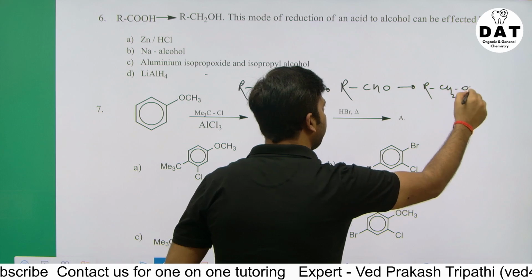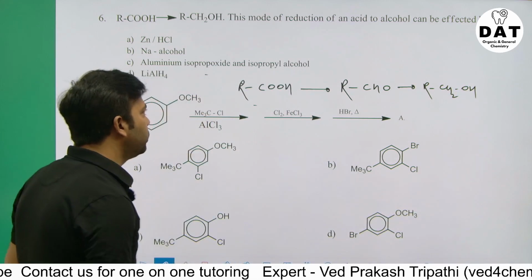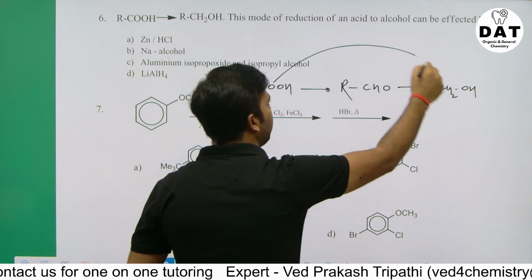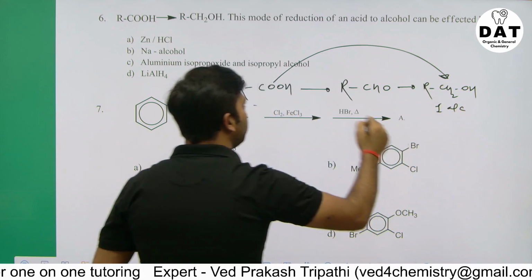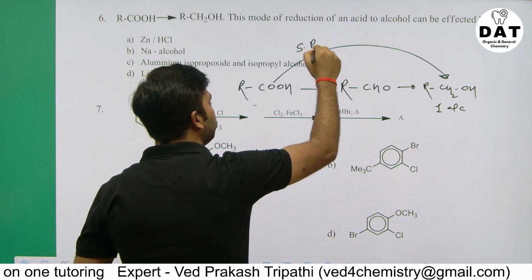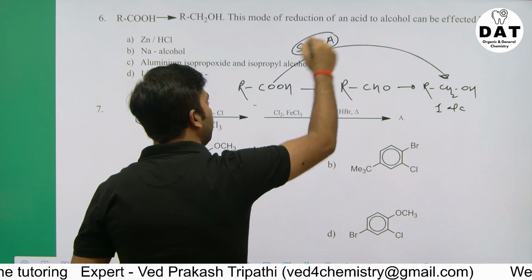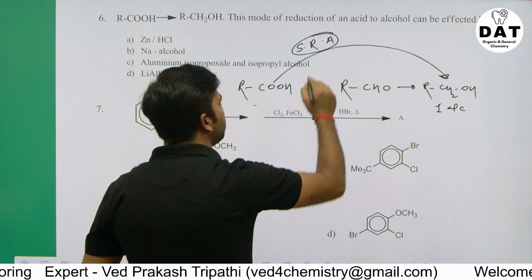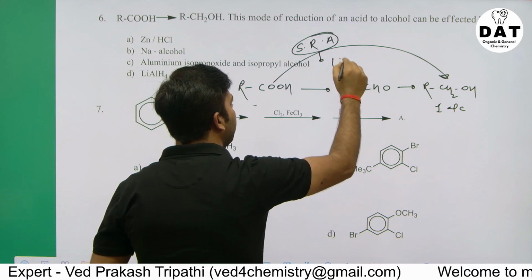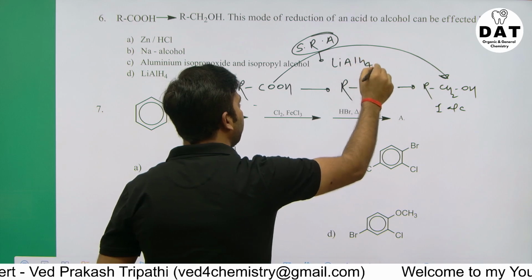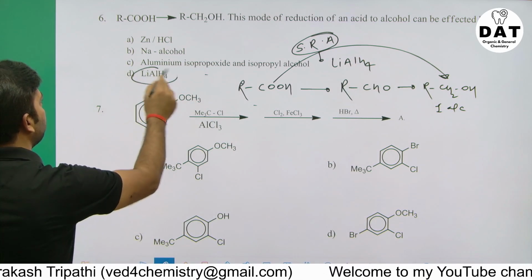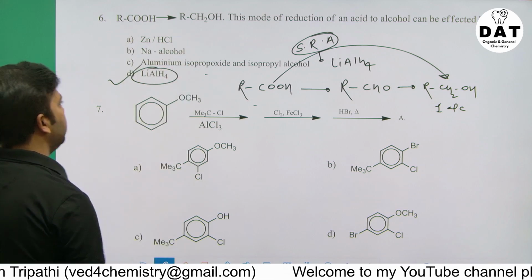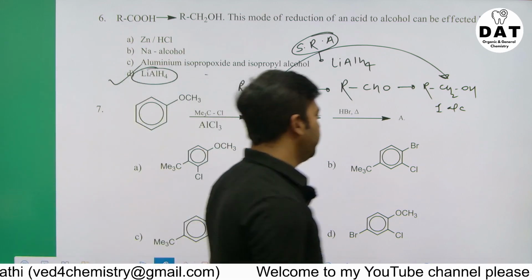And if you are going to reduce acid into primary alcohol directly, then we should use here a strong reducing agent. And we all knew the most common strong reducing agent is LiAlH4, lithium aluminium hydride. So we have this one LiAlH4, so it will reduce this acid into primary alcohol. I hope it makes sense.